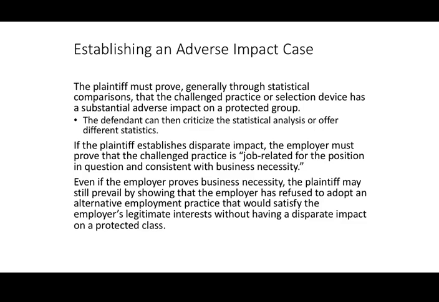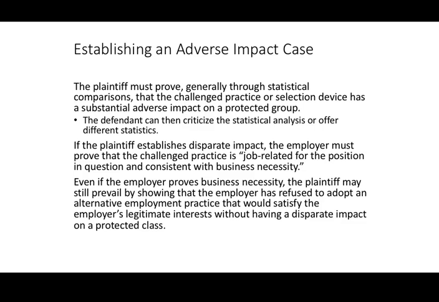So the defendant can turn around and say the statistical analysis is wrong, or they can show different statistics, but basically speaking, it all comes down to the numbers that are used to make the determination. So that's why clarity about who is an applicant and who is not an applicant, and what are appropriate job categories and what are not appropriate job categories for comparison's sake, is important. We want to make sure we have that.